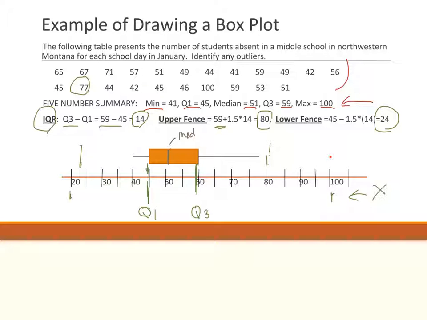Our lower whisker is the minimum value, which in this case was 41, so that became our whisker down here. And in this particular case we have one outlier. The outlier is the maximum at 100. So our box plot allows us to look at extreme values and the shape of the data. It's kind of skewed to the right, and certainly that value 100 is having a major impact on the data set.